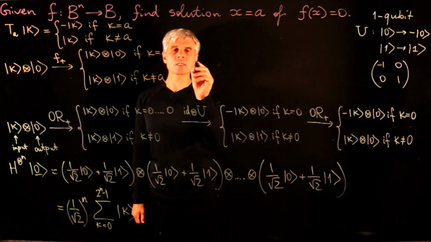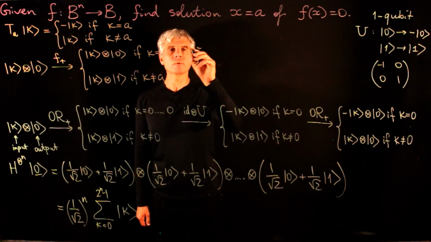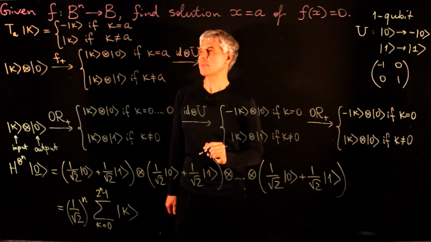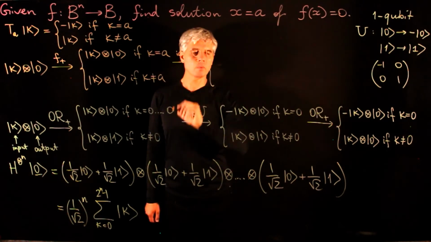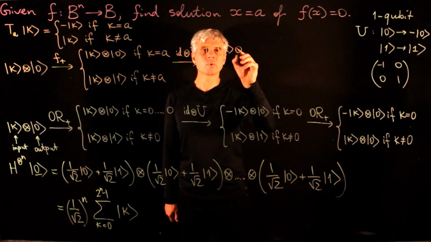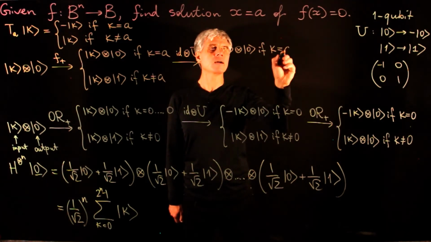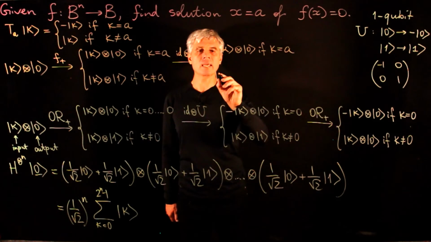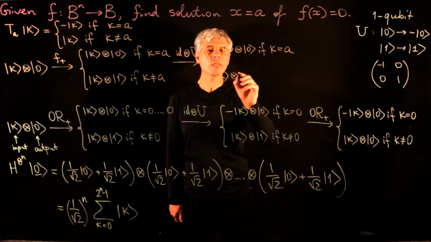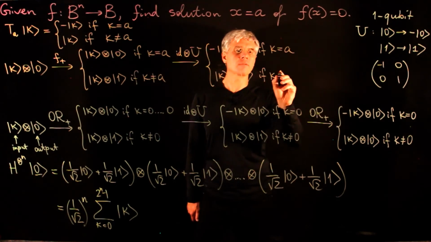So after this, we apply this unitary reflection on the last bit, and we get minus |k⟩ tensor with 0 if k is equal to a, and |k⟩ tensor with 1 if k is different from a.